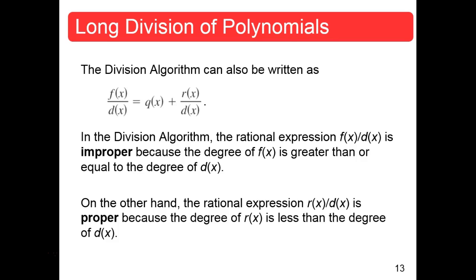On the other hand, the rational expression r of x over d of x has to be proper. The degree of the remainder has to be less than the degree of the divisor. Okay, because the degree of r of x is always less than the degree of d of x.